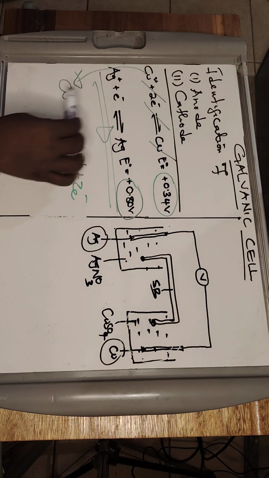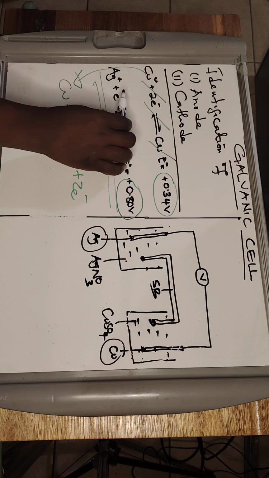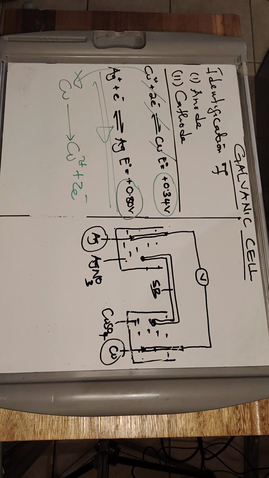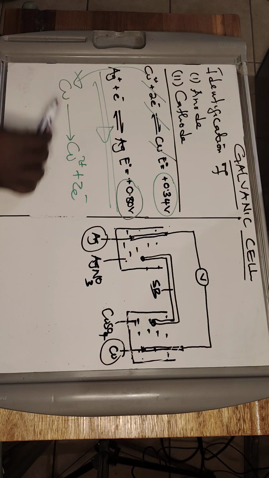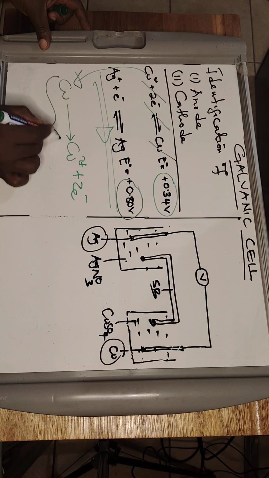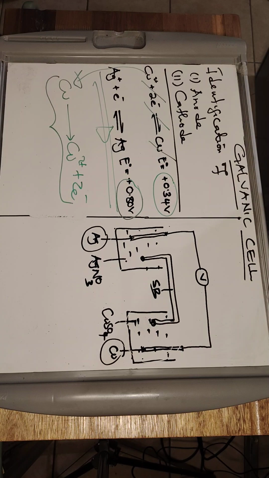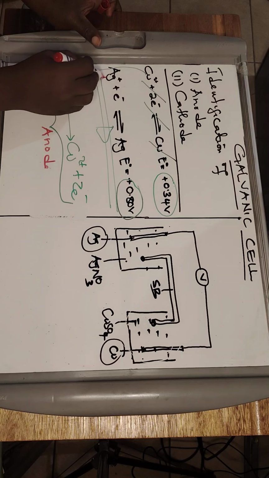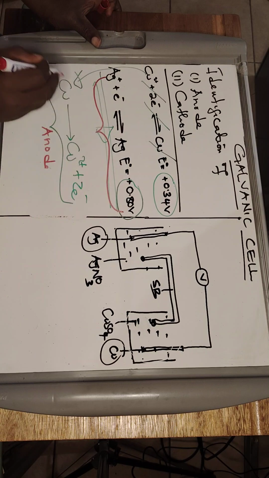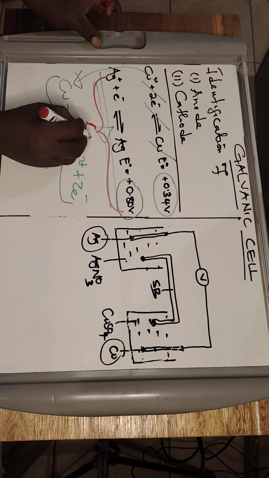So now we have the two reactions. We have this one for the silver, which prefers to be in the reduction manner, and we have the copper. But we have to remember that the reaction which takes place at the anode is oxidation, which means the reaction we are having here is the one which takes place at the anode. And this reduction reaction, which we see here, takes place at the cathode.